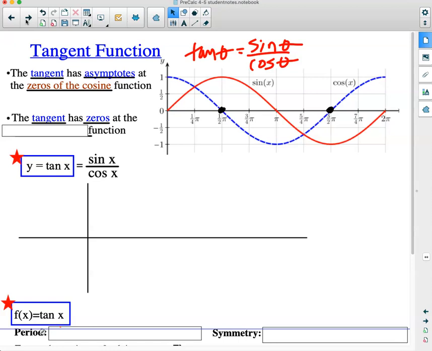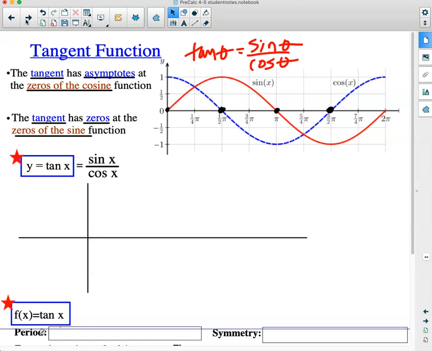But we do get that nice 0, 0 point because sine is 0 right there. So you can have a 0 in the numerator. That's fine. It's just 0. But you can't have a 0 in the denominator because that's undefined.